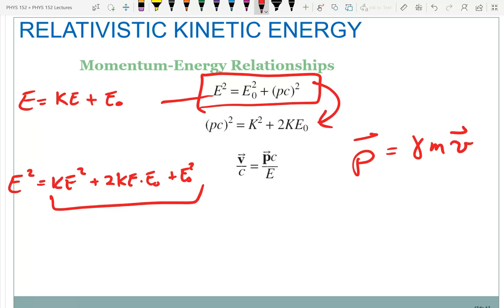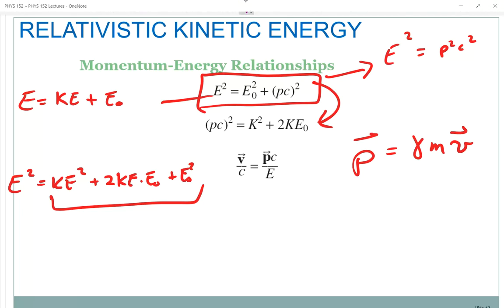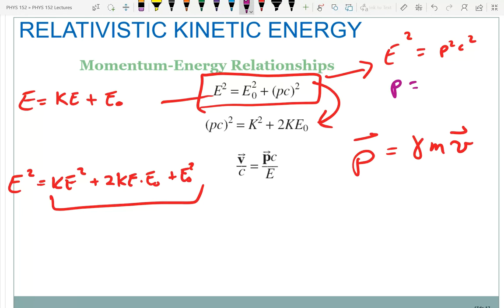If it has a rest mass of 0, then E0, the rest energy, is 0. And so this equation here becomes the energy squared is equal to momentum squared C squared. So solving that for momentum gives you, right away, momentum is equal to E over C.